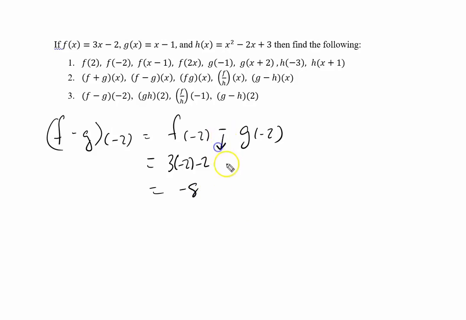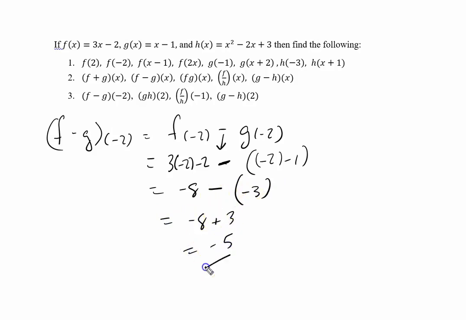Then I'm copying that subtraction sign, and then I'm going to evaluate g at negative 2. G at negative 2 is going to be negative 2 minus 1, and negative 2 minus 1 is negative 3. And then I'll have negative 8 plus 3, and so that should give me negative 5.